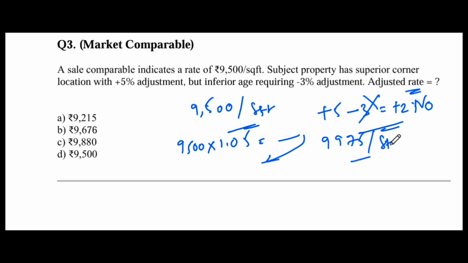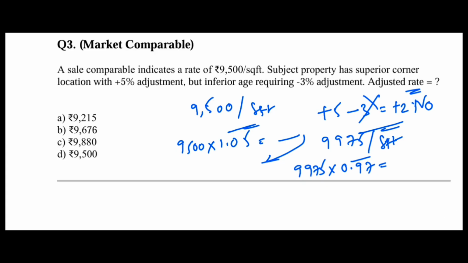Now we have a problem with age, so there should be a reduction from this. How much? 3%. So 9,975 into 0.97, because 100 minus 3 is 97%, which means 0.97.